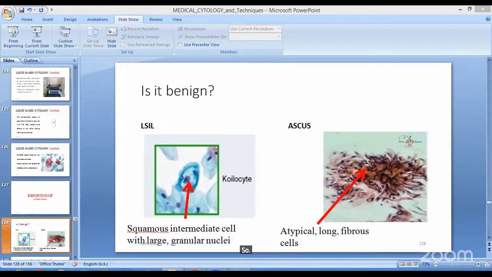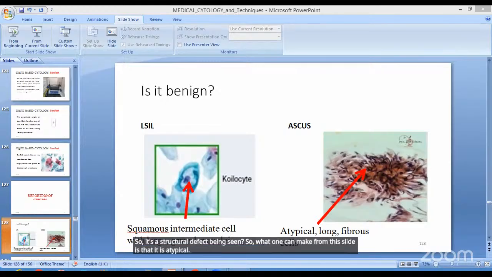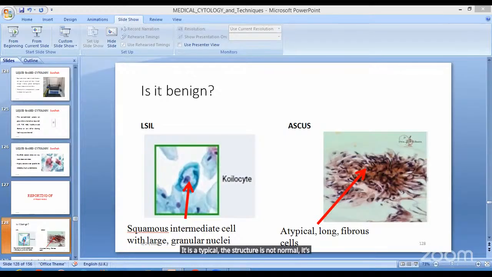So it's a structural defect being seen. What one can make from this slide is that it is atypical. The structure is not normal. It's not round, it's not oval, it's not long and tubular like columnar cells. It looks more like fibrous cells. Cells like this are benign. So that can be concluded, and that could be reported.